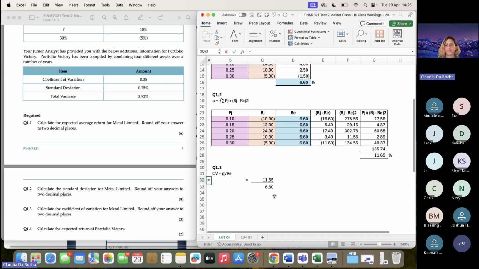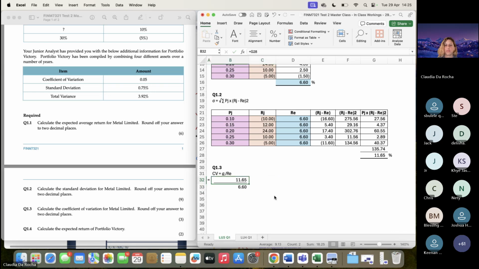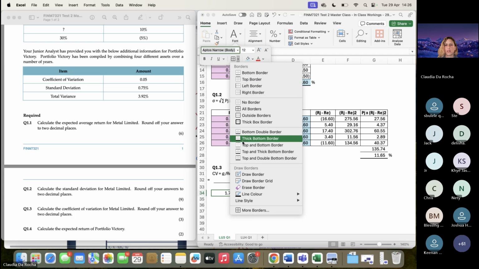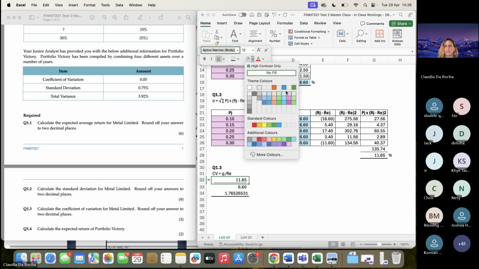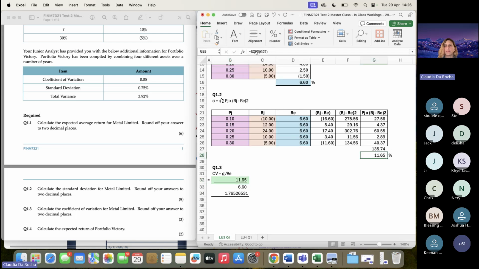Let's just put it here. Okay, so we solve for that divided by that gives me my answer. Okay, so this number we get from here.